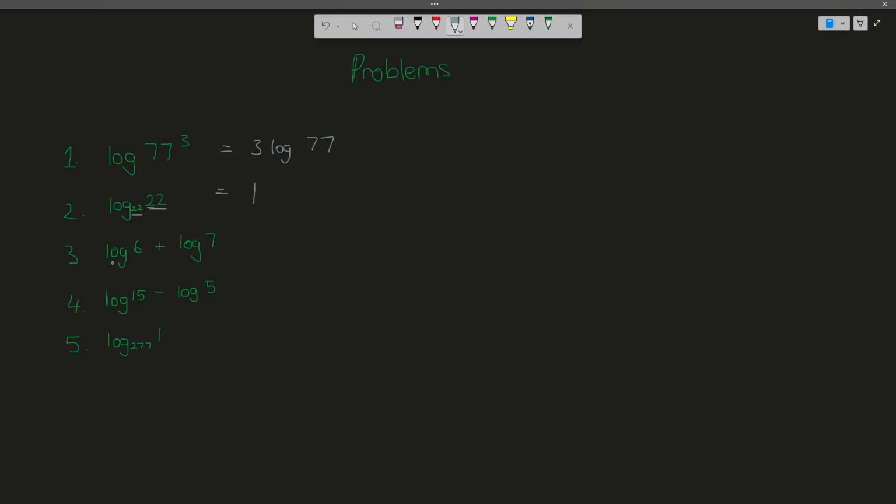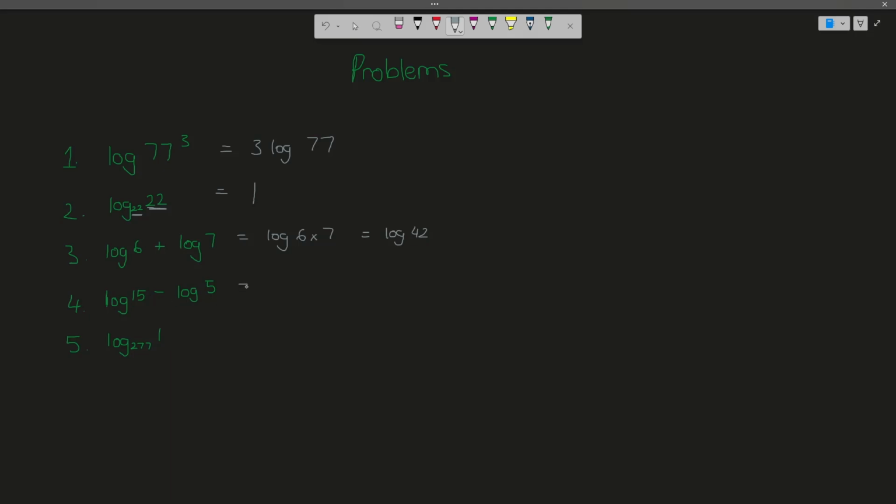Question 3, log 6 plus log 7. Since it's an addition of two logs with the same base, we just multiply the two numbers. So, equals log 6 times 7, which is equal to log 42. Our next one is a subtraction.